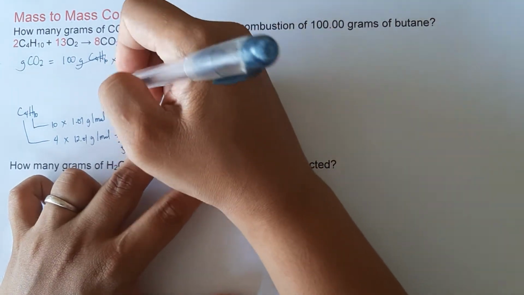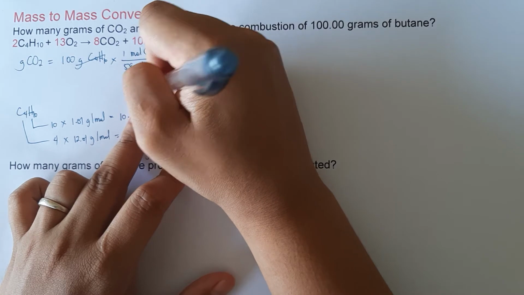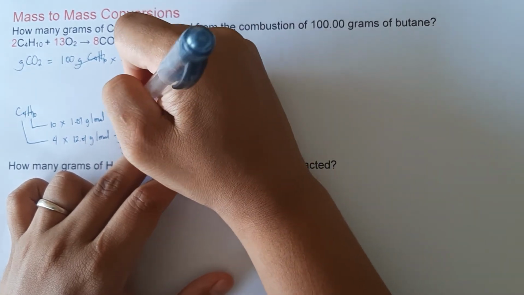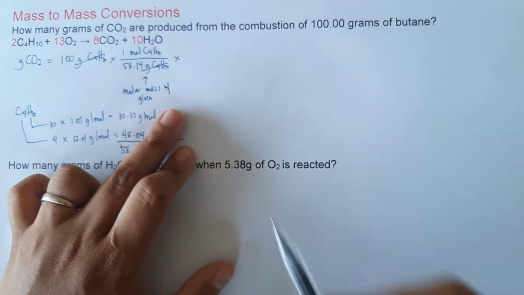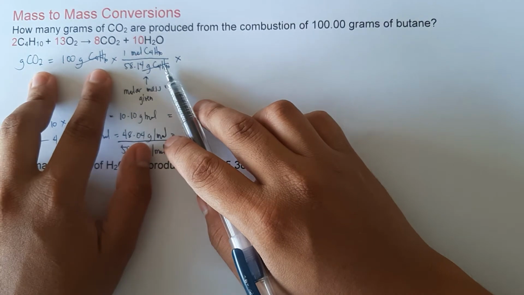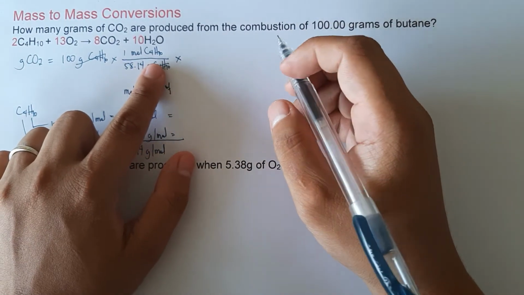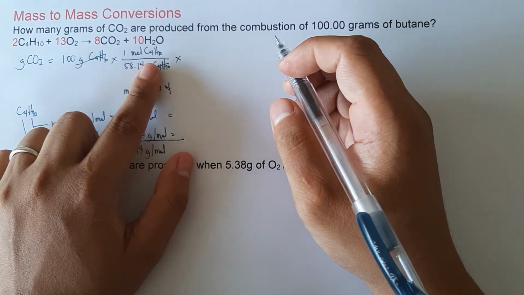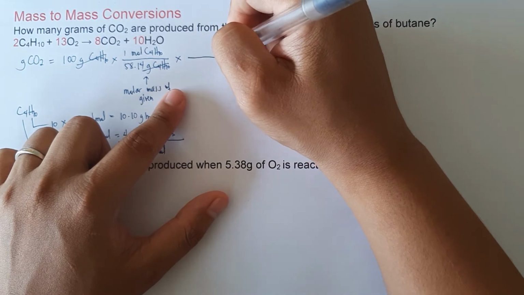Itong nauna, ito po ay molar mass. Molar mass of given po ito. Next is the mole ratio. Mole ratio ng ano? Ng butane at carbon dioxide. So, we need to cancel mole of C4H10. So, ang gagawin natin sa ilalim C4H10.